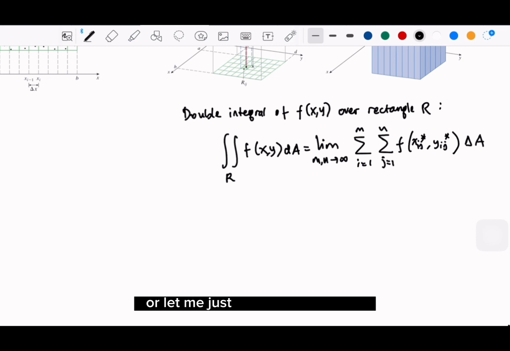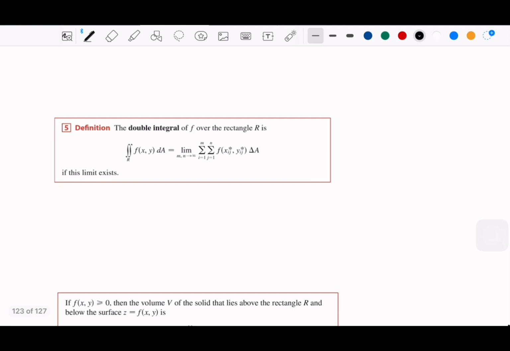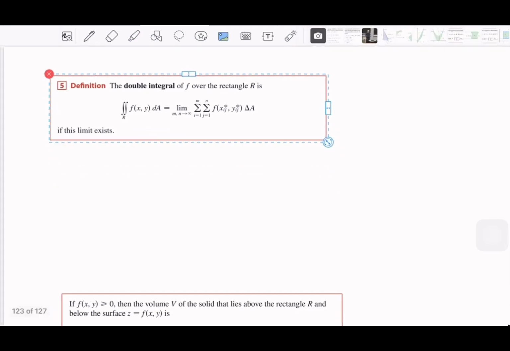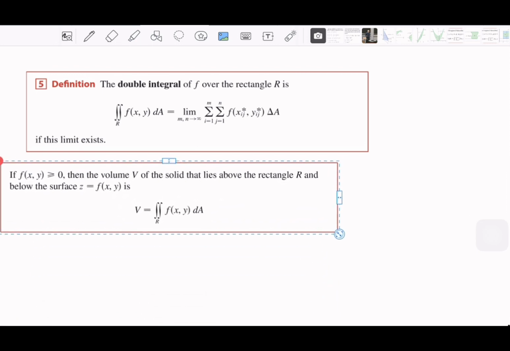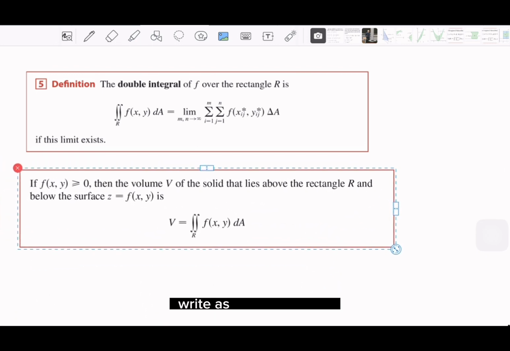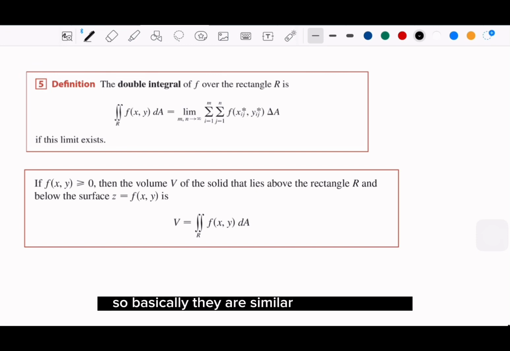Let me just go to the next page. I had it all written, so it's clearer. So here, you could also write it as if it is a volume. Basically they are similar.